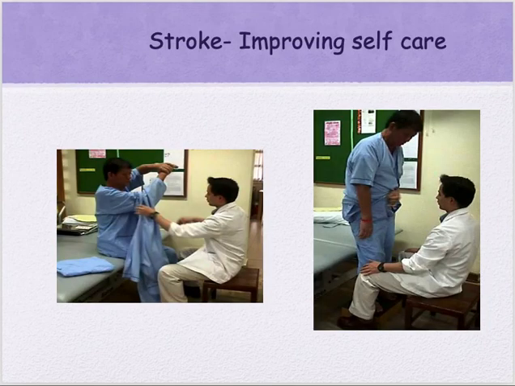This is again a stroke rehabilitation patient who is being taught self-care. See, teaching how to dress up, see how he supports his right hand with the left hand, puts on the shirt, and how to button it, things like this.